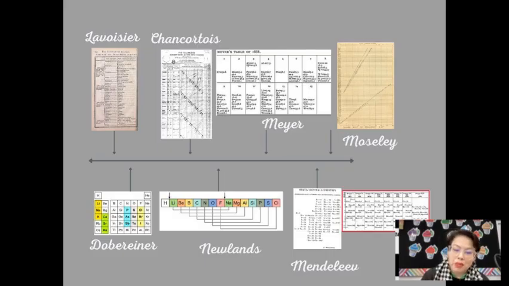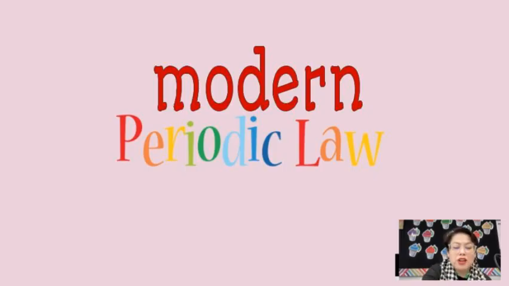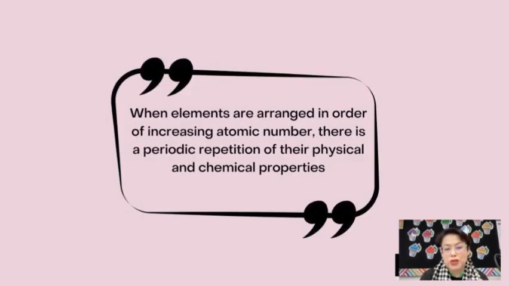Increasing atomic number means increasing number of protons in the nucleus instead of increasing atomic weight. And this gives way to what we call the modern periodic law, which states that when elements are arranged in order of increasing atomic number, there is a periodic repetition of their physical and chemical properties.